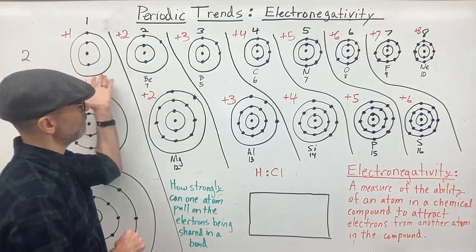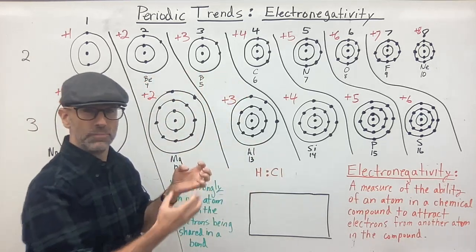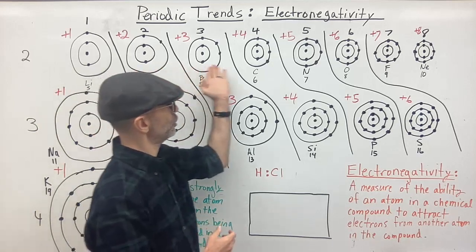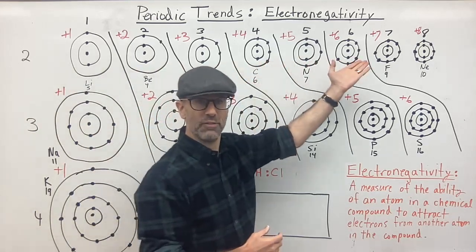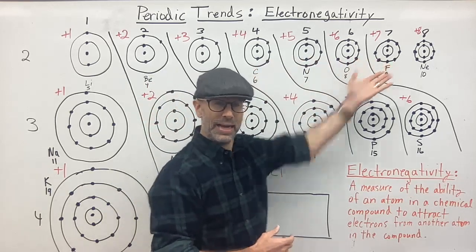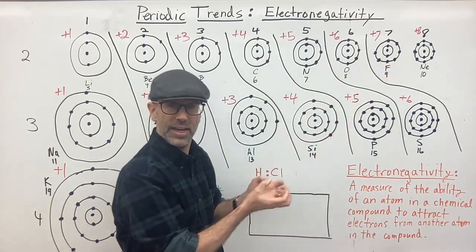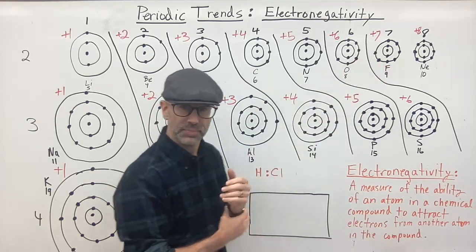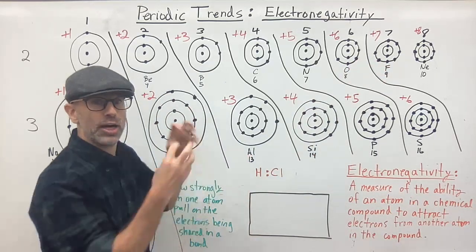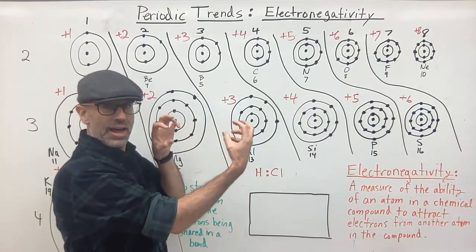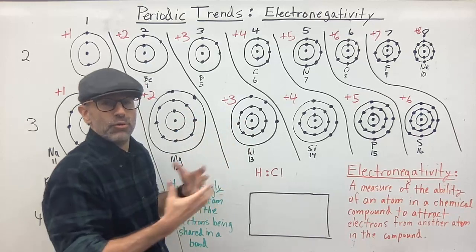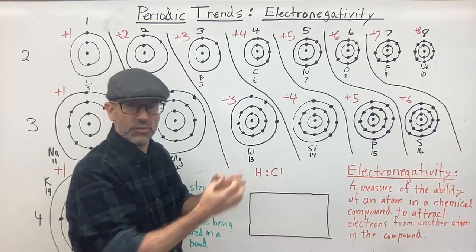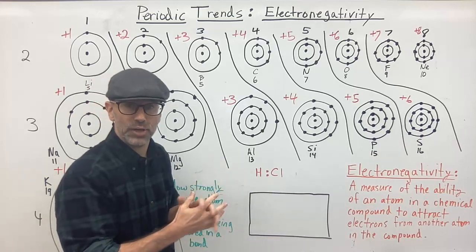If we're thinking about the strength of that pull, the effective nuclear charge of an atom is increasing this way, which means the attractive force is going to be stronger as we go across. So it makes sense that, talking about the attractive force on the electrons in a bond, the atom that has the stronger effective force is going to be the one with the higher electronegativity.